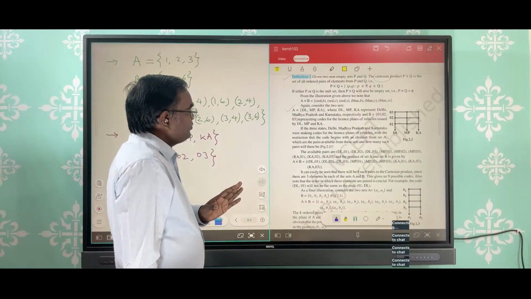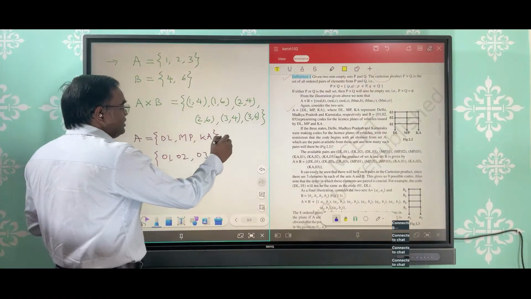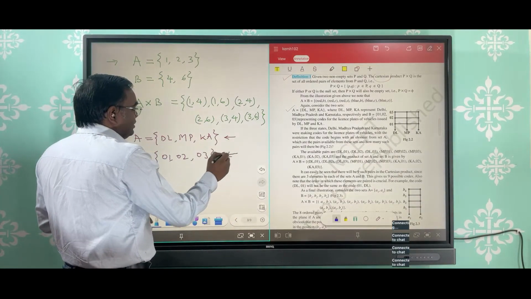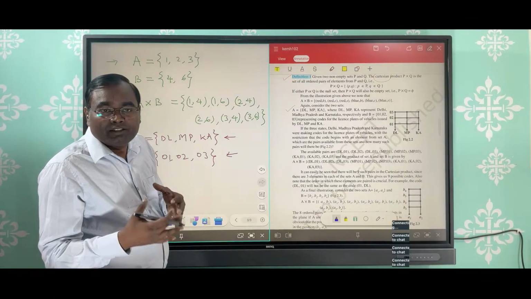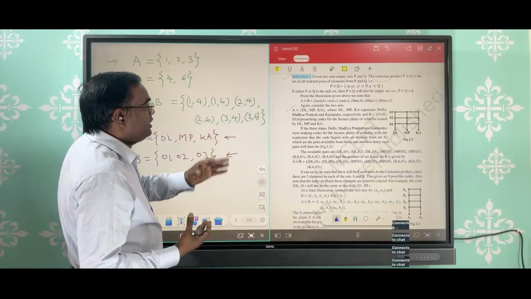So you are given this task: these are the sets, and you want to find the number plates generated with their help.